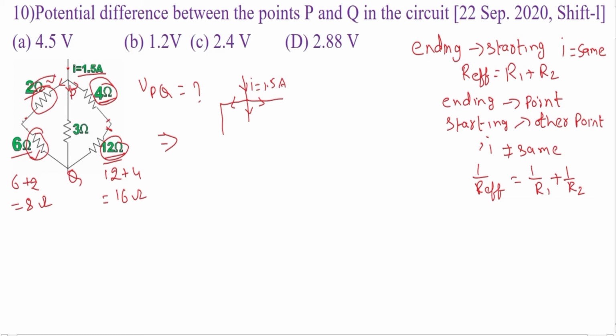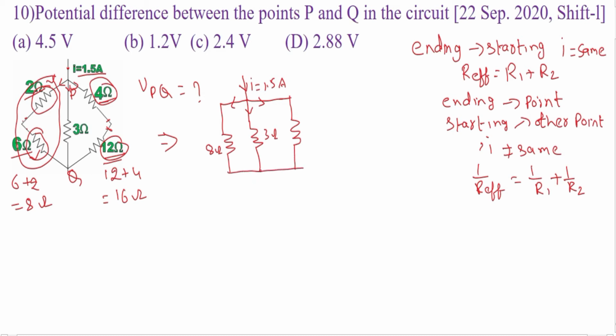I can replace this entire thing with a single resistor of resistance 8 ohm. This 3 ohm will be like this only. Similarly, this 4 ohm and 12 ohm can be combined in series, and I'll replace these two resistors with a single resistor whose resistance value is equal to 16 ohm.